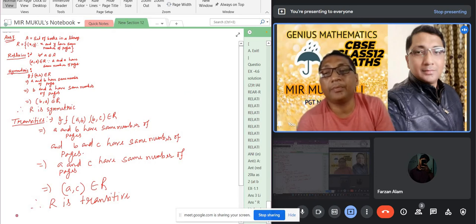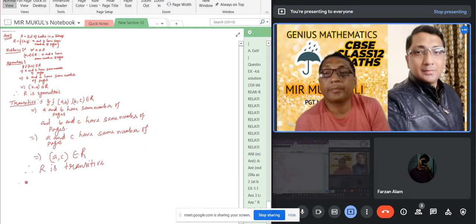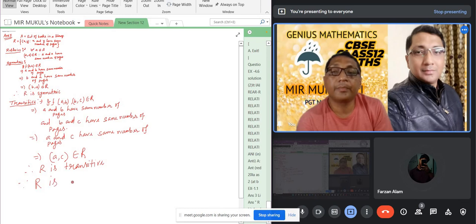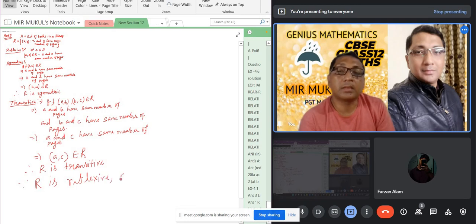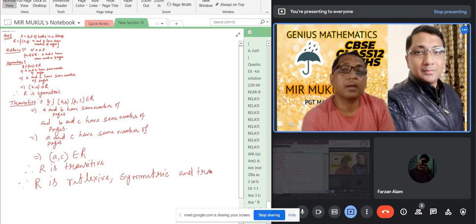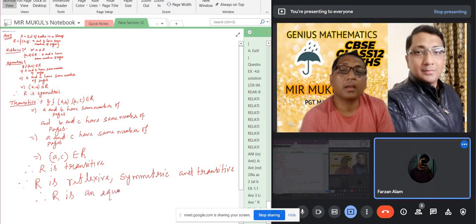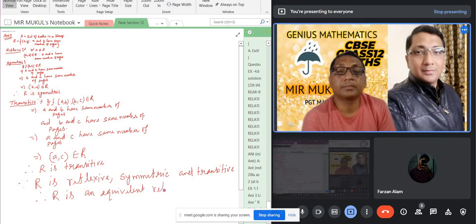So the last logic you will give: since R is reflexive, symmetric and transitive, therefore R is an equivalence relation. Yes, sir.